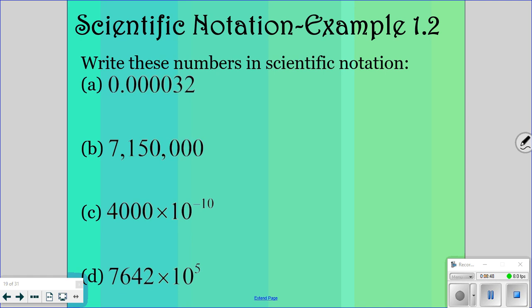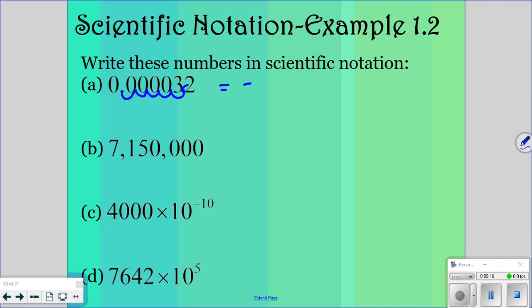Now for this one, we want to write the numbers in scientific notation. So we need to count how many places we have to move the decimal place. For this first one, we have to move the decimal place so that it is behind the very first digit that we have besides 0. So we're going to move it 1, 2, 3, 4, 5 places.